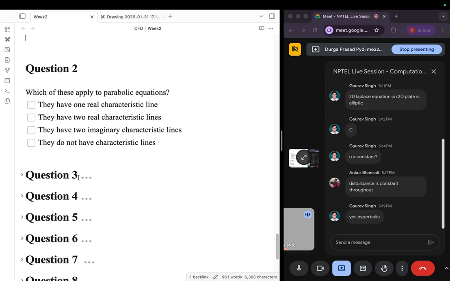Yeah, now this one should be straightforward. Which of these apply to parabolic equations? How many characteristic lines do parabolic equations have?